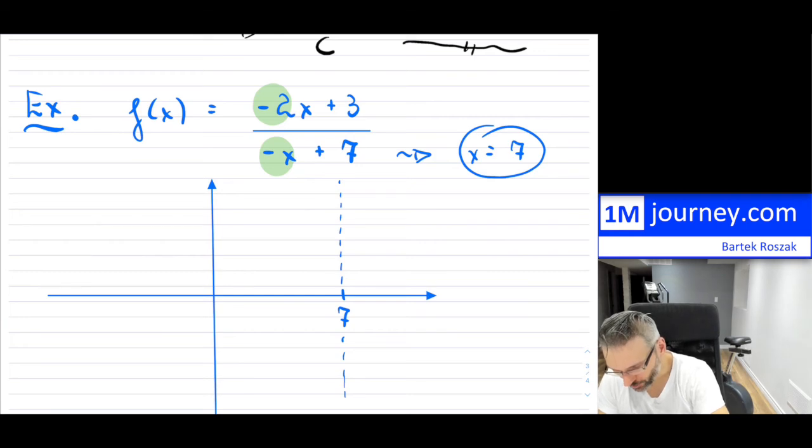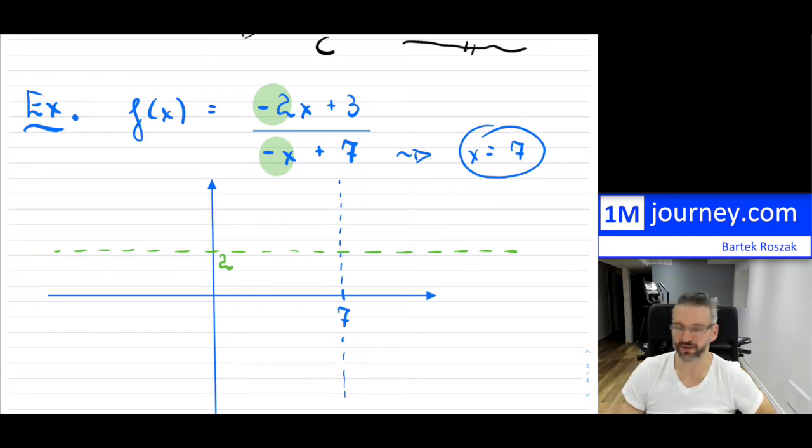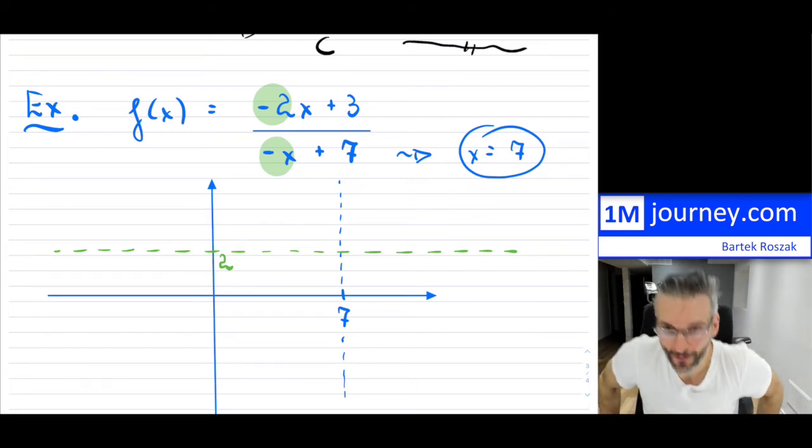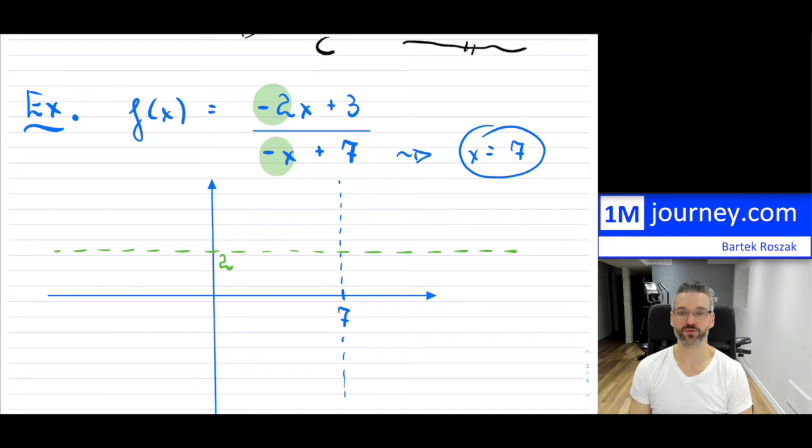So that's going to be my horizontal asymptote, and that's going to happen at 2. All right, so now I have my horizontal asymptote and my vertical asymptote. Now, what happens through the rest? So we want to be able to graph it out.